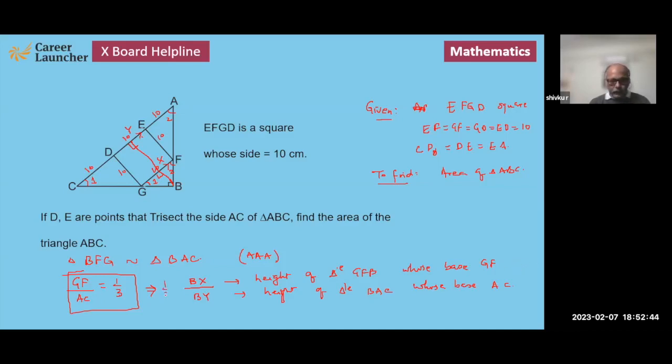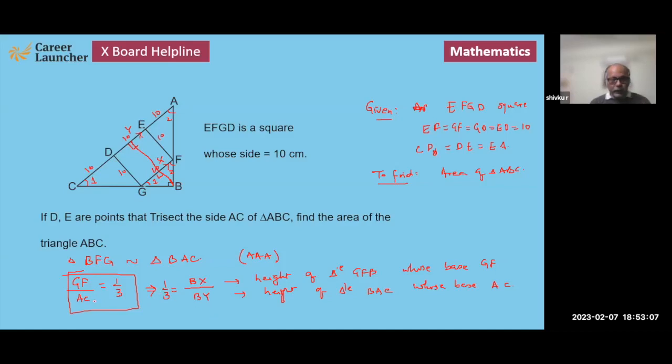So this 1/3 must also be equal to BX by BY. क्या property है, जब भी हम दो similar triangles लेते हैं, उन similar triangles में heights भी same ratio में होंगी, और उन similar triangles में medians भी same ratio में होंगी, as long as you're drawing those to the corresponding sides.